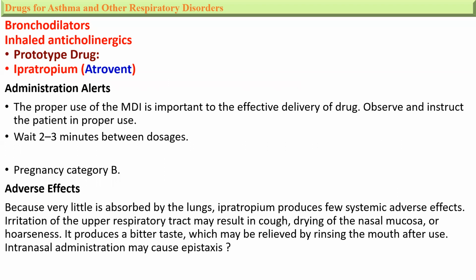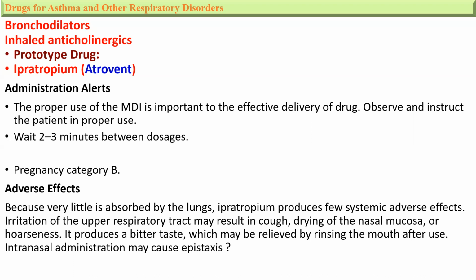So as we said, the nasal spray formulation of ipratropium, or Atrovent, is approved for the symptomatic relief of runny nose associated with the common cold or allergic rhinitis. The drug inhibits nasal secretions, but it doesn't have a decongestant action.